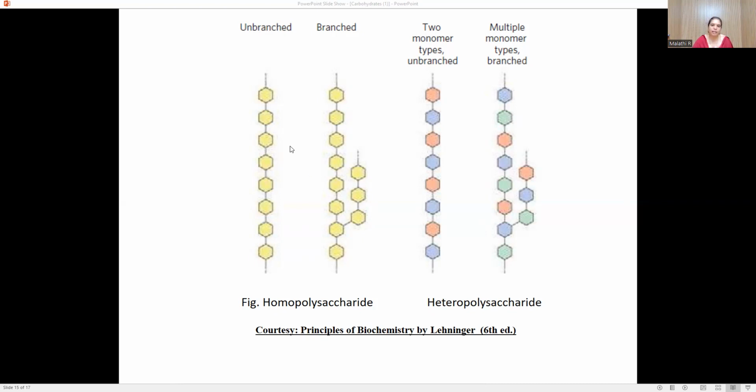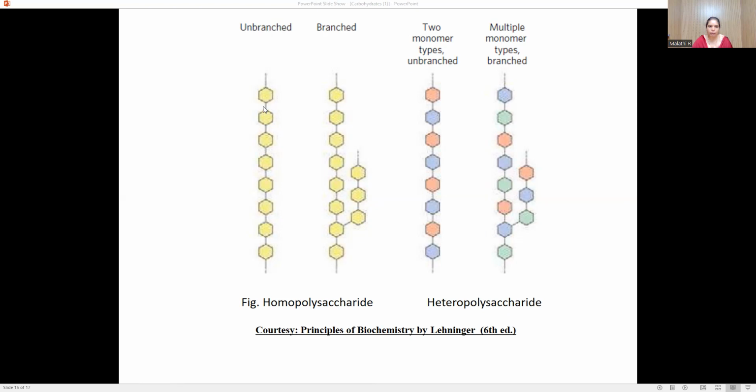Most of the time you will have a branched structure in case of starch and glycogen. But when you do partial hydrolysis, we may get the linear structure, which you call unbranched structure. So what we should remember is that homopolysaccharide is also classified into linear and branched homopolysaccharide.